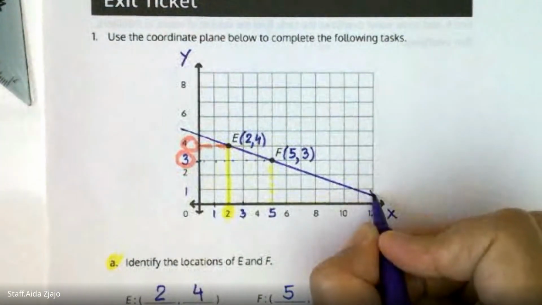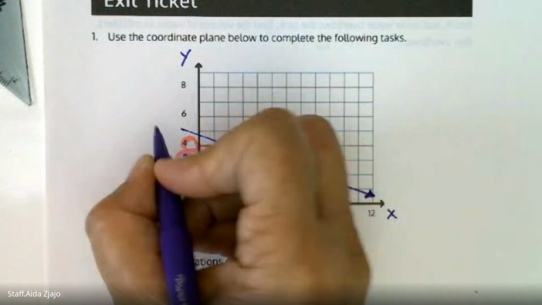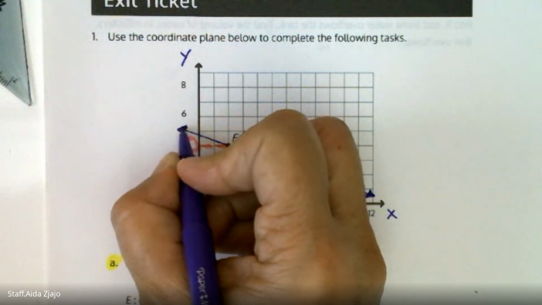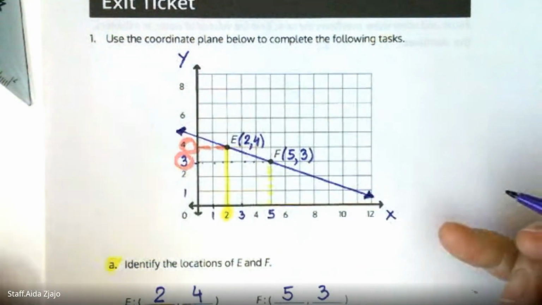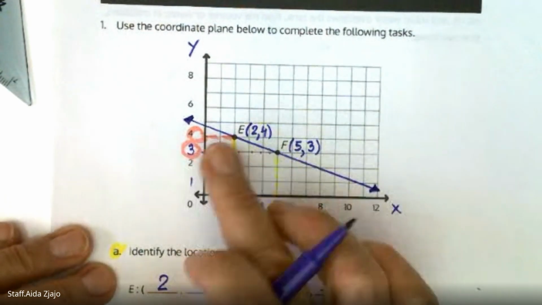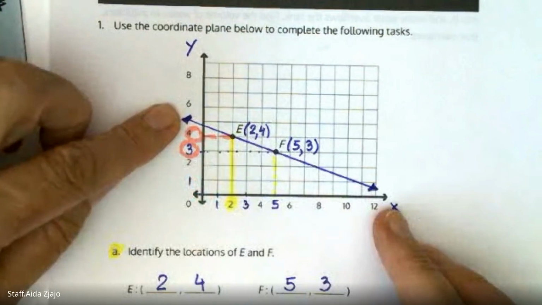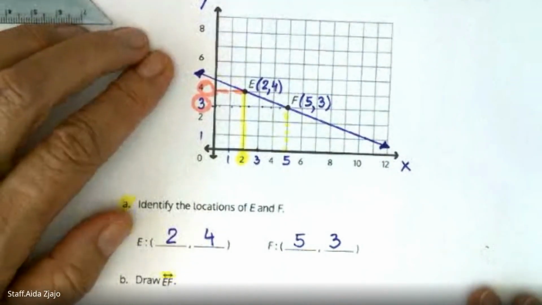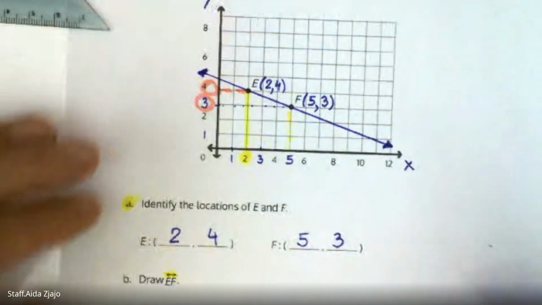So here's an arrow on one side, here's an arrow on the other side, and this is line EF.